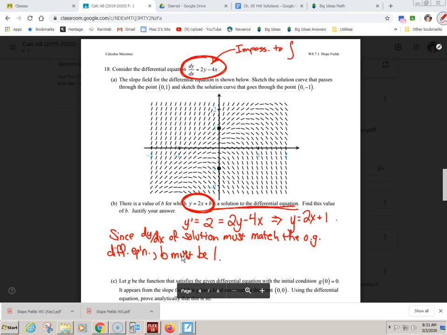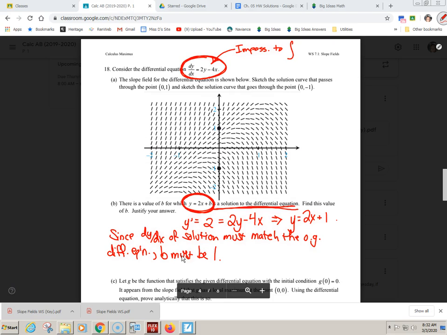Right? All we did is say, well, hey, if it's a solution, then its derivative has to equal the differential equation, or it has to work inside the differential equation. So all I had to do was get y by itself and say, what is y? Because that's what this is saying. What is y for this solution? Well, y must be 2x plus 1. B equals 1.